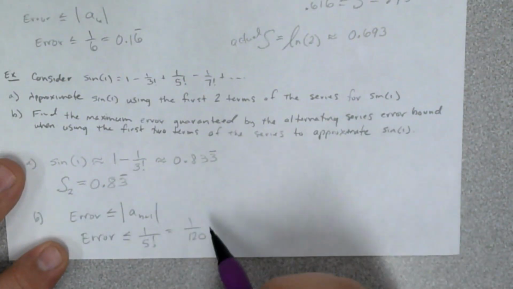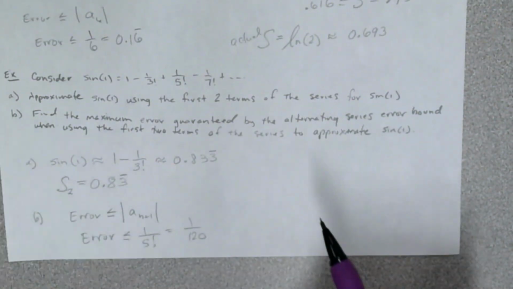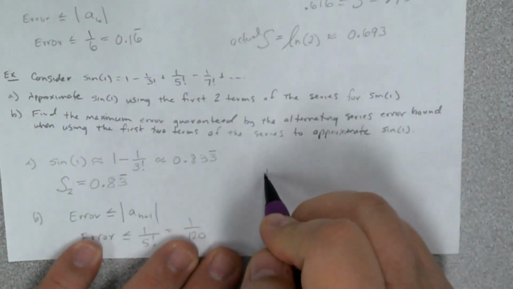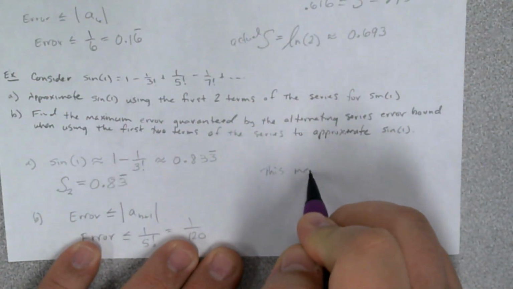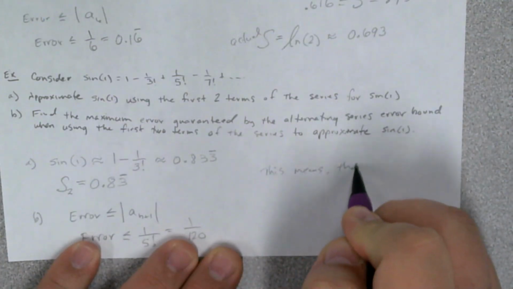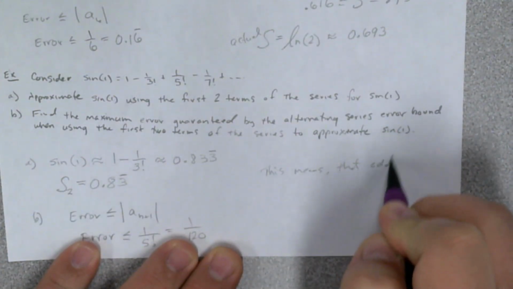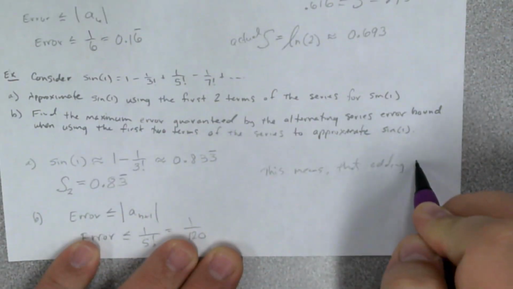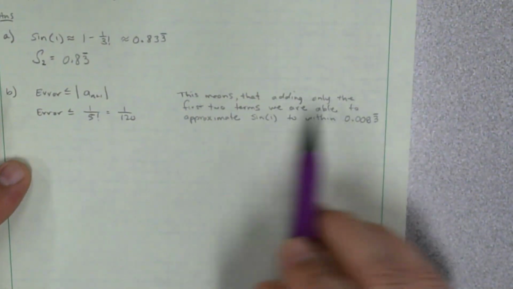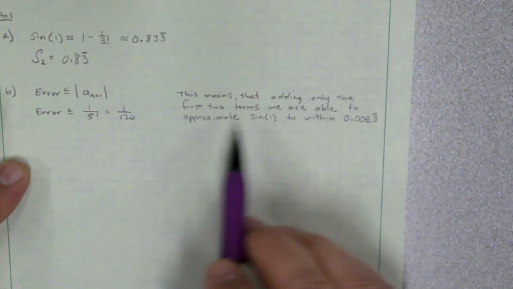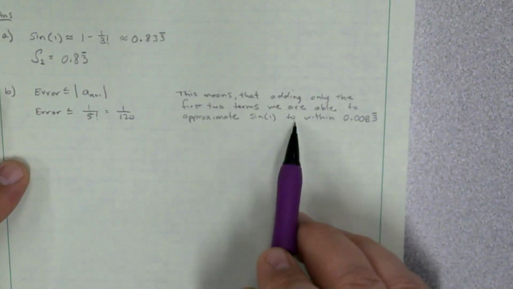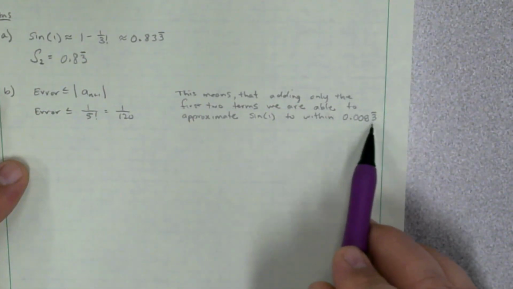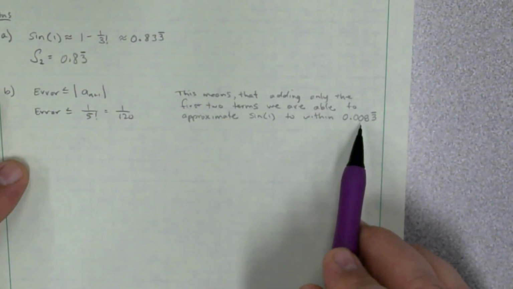So that means we're that close to the actual. This means that adding only the first two terms, we are able to approximate the sine of 1 to within that close of the actual. So that is the error that we have, 1 over 120.